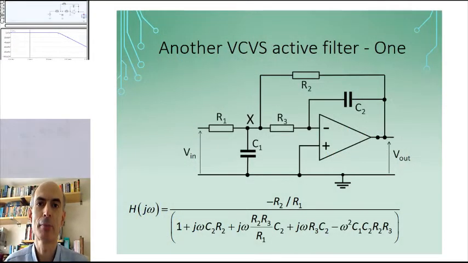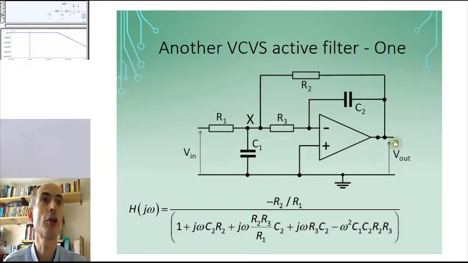This is the circuit. It's a little bit more complicated to analyse than the previous circuit, but if you do decide to plough through all of the algebra, then this is the form of the frequency response that you will get. You'll notice that unlike the last second order active filter we looked at, this one is based on an inverting op-amp.